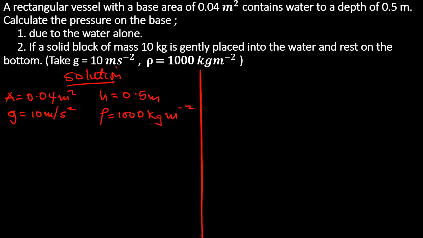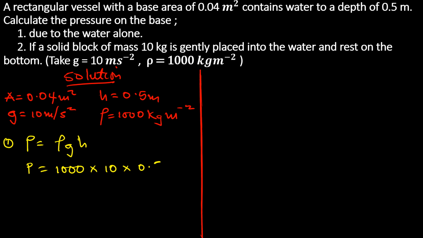Okay, so question one, we have to calculate the pressure due to the water alone. We know pressure, which is P, to be density times gravity times height. So pressure will be equal to density, 1000, times gravity, 10, times the height, which is 0.5.